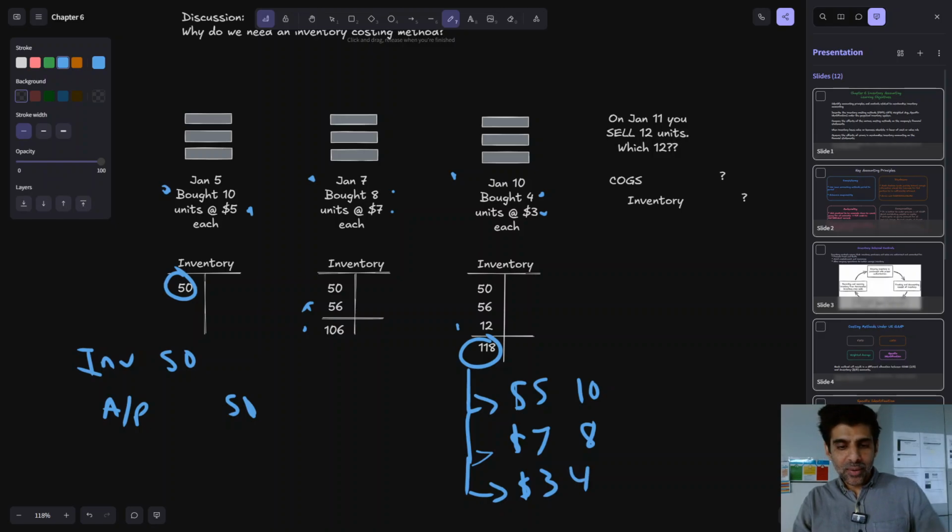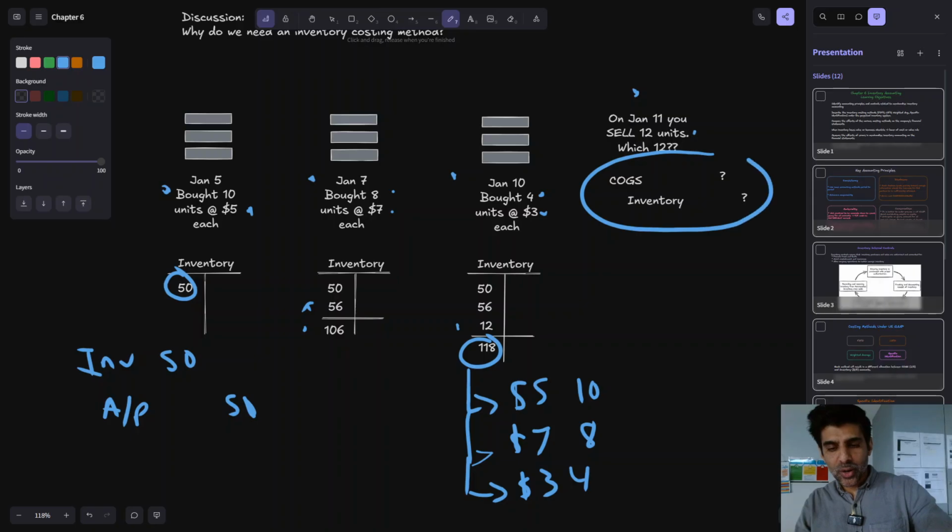Now the next day we sell 12 units. We know that one of our journal entries for this sales transaction is going to be of this form. Again, this should be clear from last chapter. The difference is in chapter 5, we were just told what the cost of goods sold is.